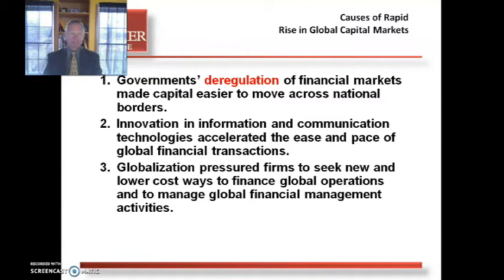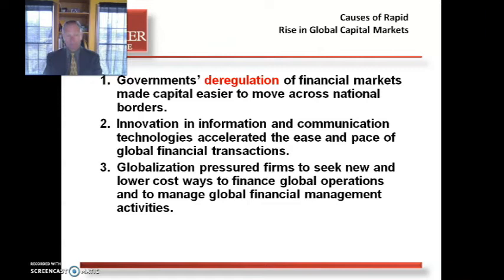Government deregulation has made it possible for firms to go out and get money from just about any country or any bank in which they choose. That has helped firms because it helps them lower their costs of raising money, and it makes them a lot more sound. Remember, the more options you have, the better the quality and the lower your price.